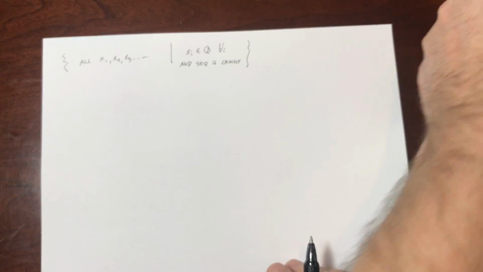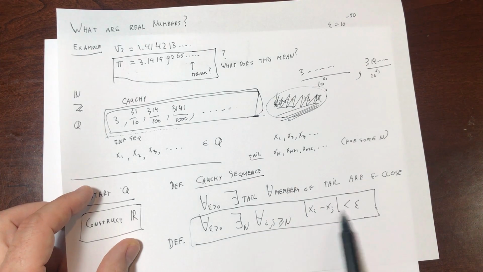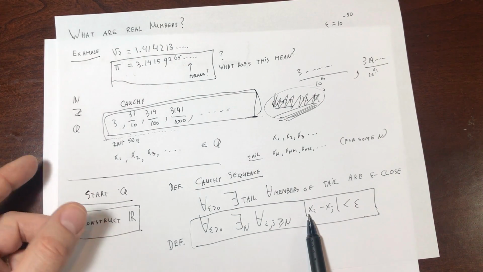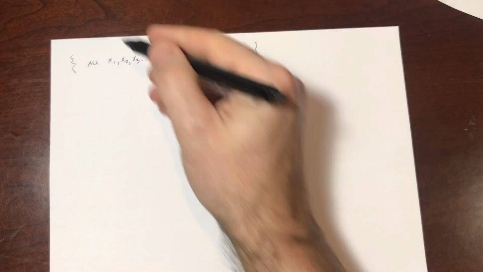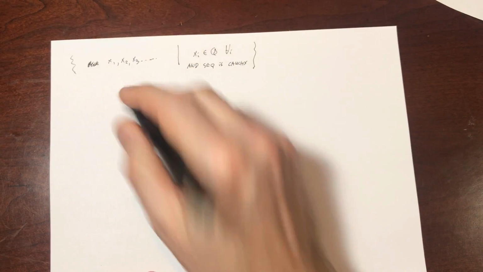Okay, so in other words, every sequence of rational numbers that meets this definition, every such sequence is an element of this set. So for example, let's give this set some name.